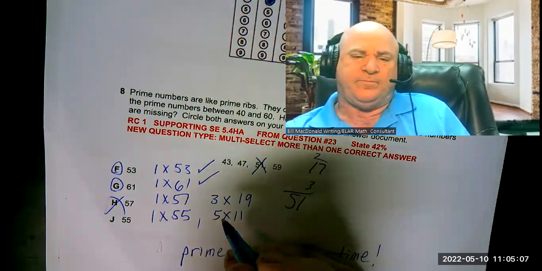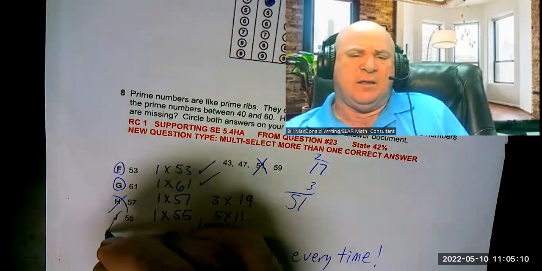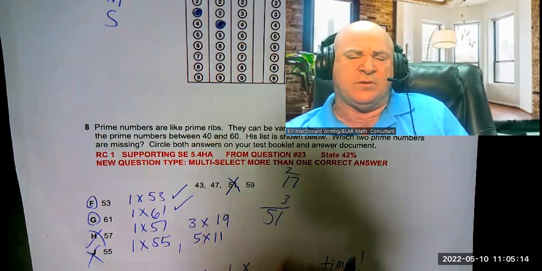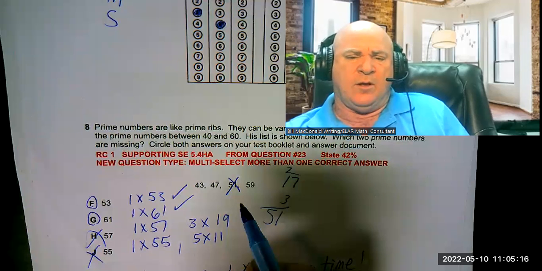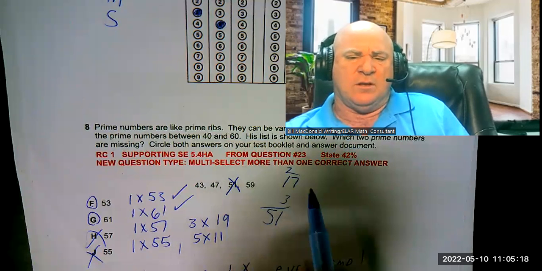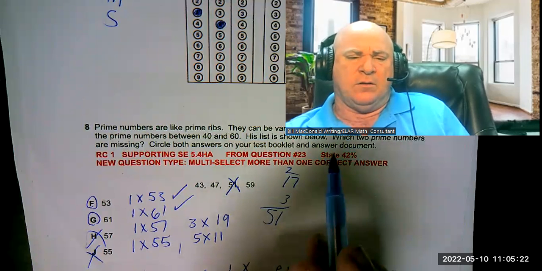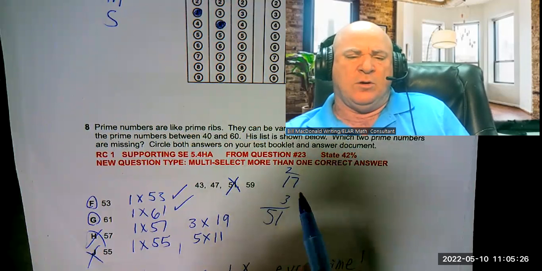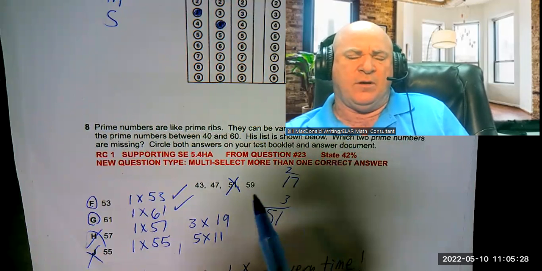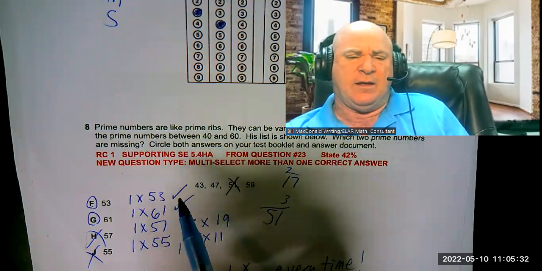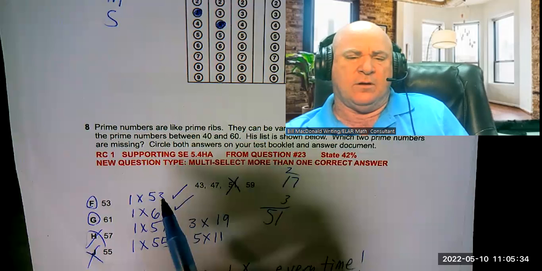So with my mistake that I made in the answer choices, that was an accident, it wasn't on purpose. You can help your students do better than 42% by remembering that the word prime, 1 time every time, means that only 1 times the number itself as factors can make that number the second one as a product.